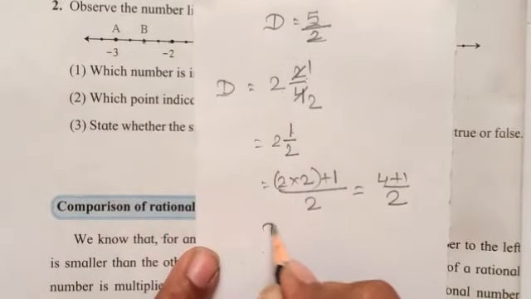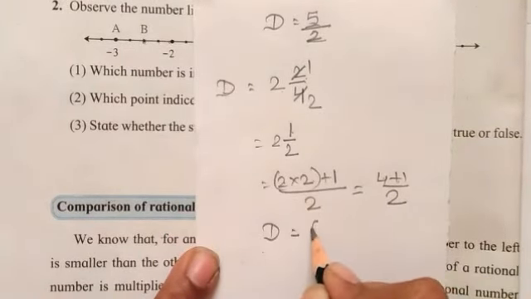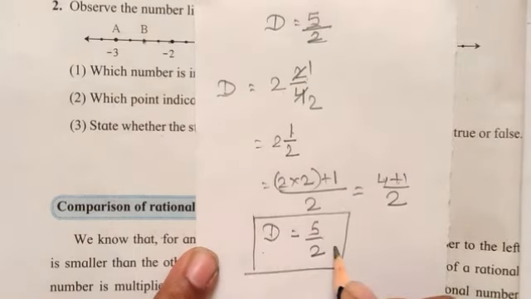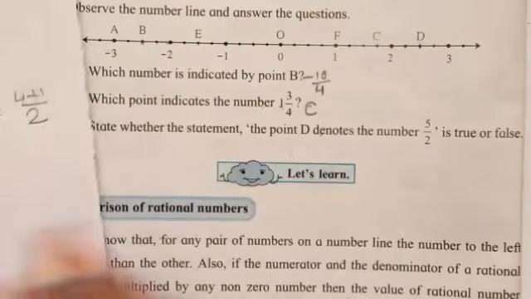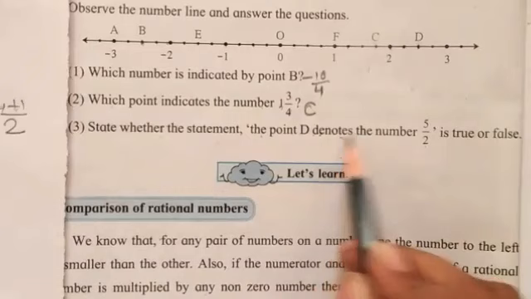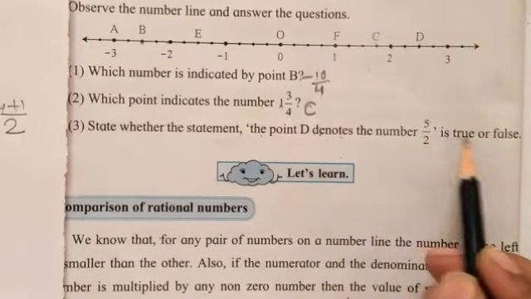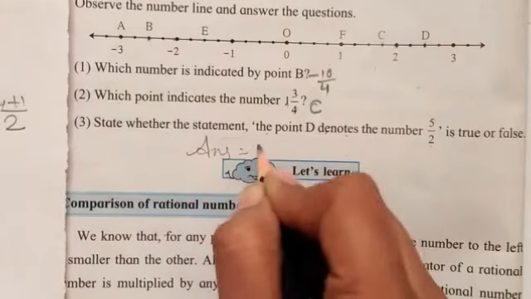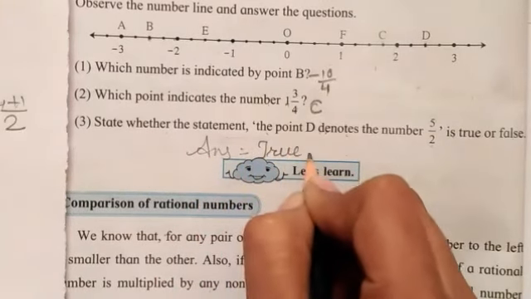It means that D is equal to 5 upon 2. So the statement that point D denotes the number 5 upon 2 is true. So the answer is, it's true.